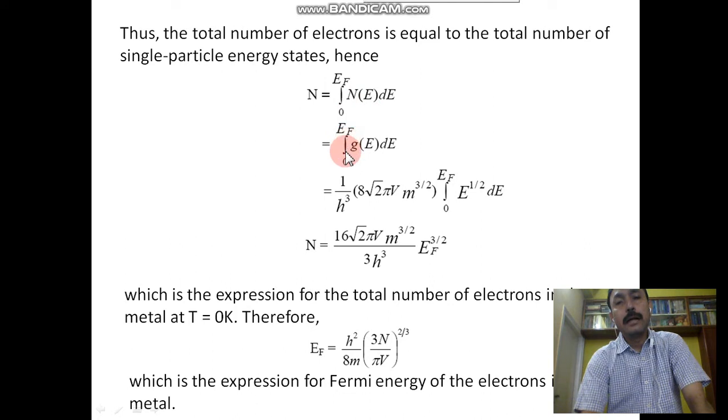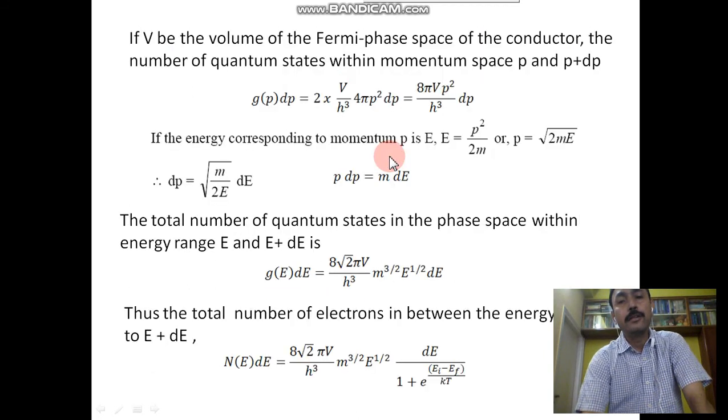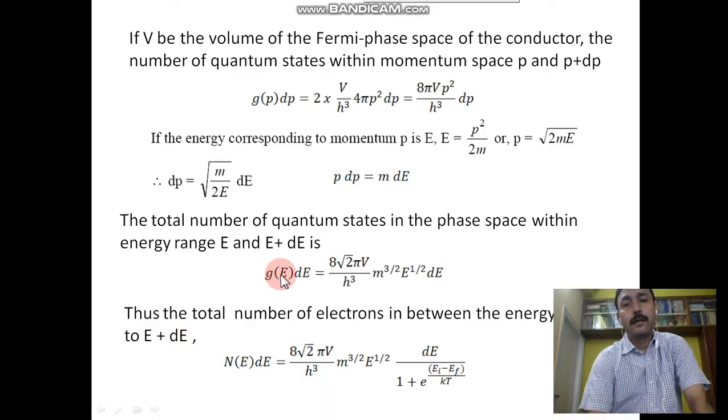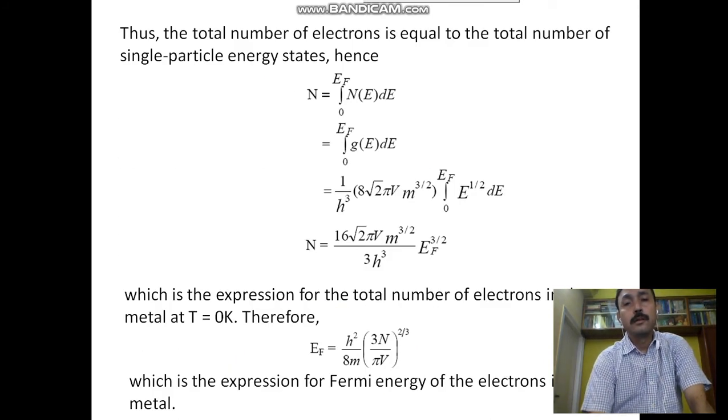So this becomes the integration from 0 to EF of g(E)dE, where g(E)dE we have already calculated as 8 root 2 pi V by h cube m to the power 3 by 2 E to the power half dE. So we put this value there, integrated from 0 to EF.